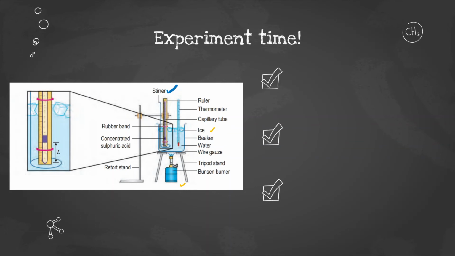Okay, so indicator dia apa benda ialah kita letak dalam satu capillary tube, kita letak satu dot ataupun beberapa ml of concentrated sulfuric acid. Okay, dia akan hanging dekat capillary tube tu.